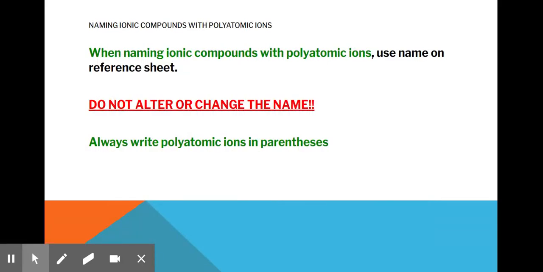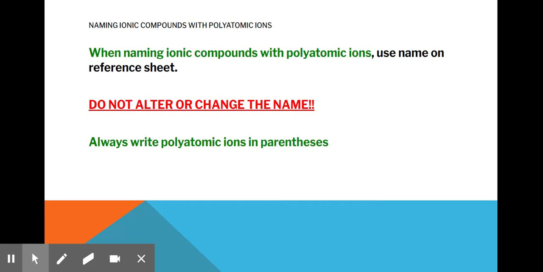Now, when you are writing the name of ionic compounds that include polyatomic ions, you don't change the name of the polyatomic ion. It's just the name of the metal, unchanged, the name of the polyatomic ion, unchanged.